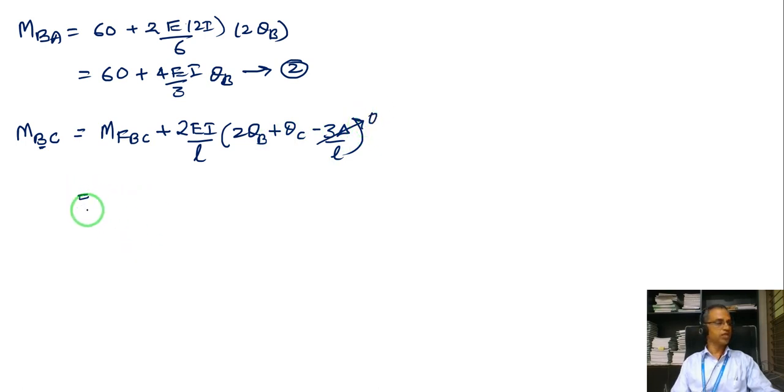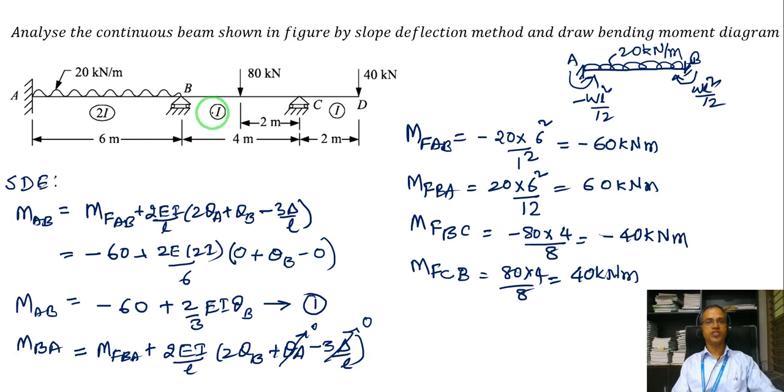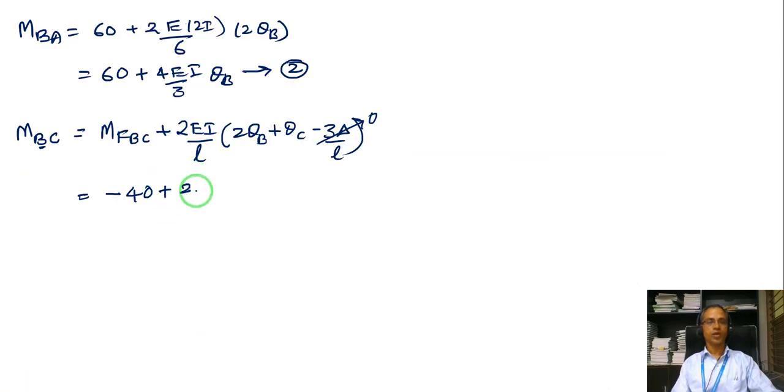So MFBC is minus 40 plus 2, and the moment of inertia for the span BC is I only, 2EI by L, length is 4 meter, into 2 theta B plus theta C. So this is a half.